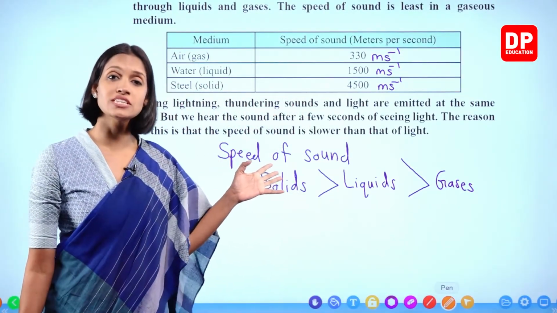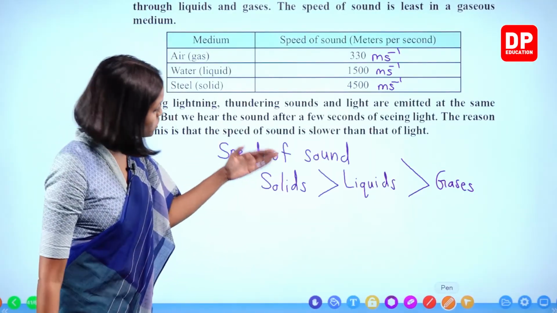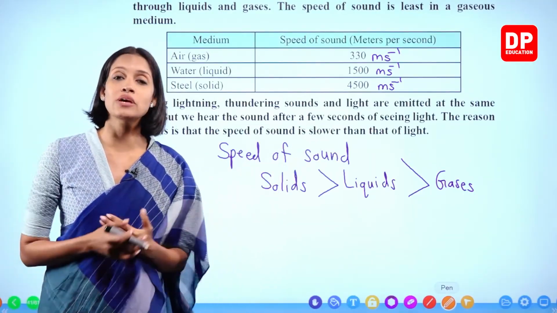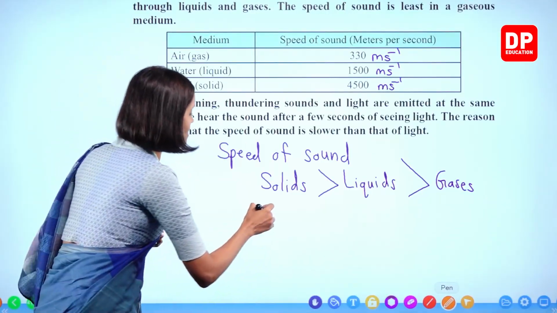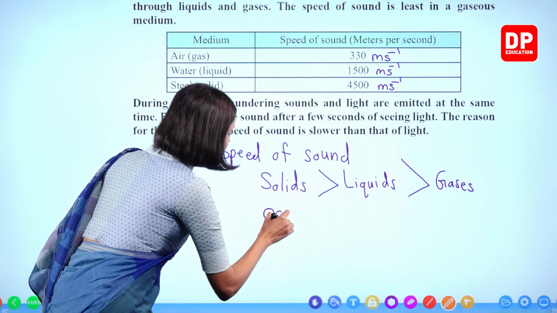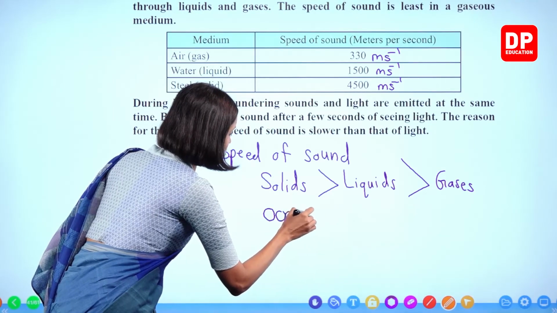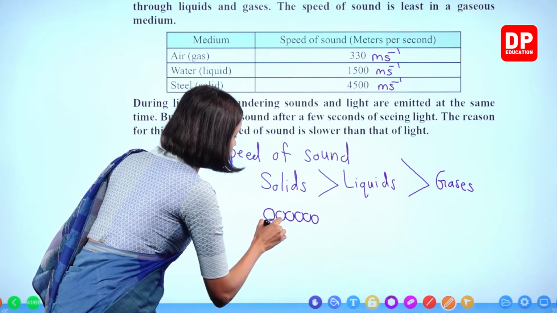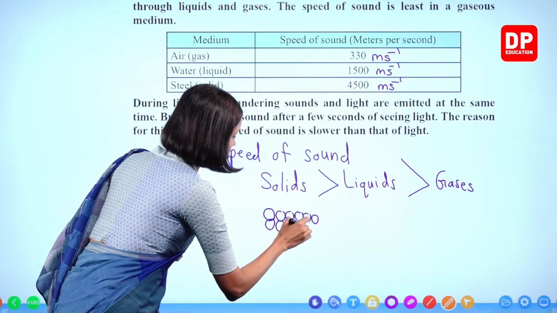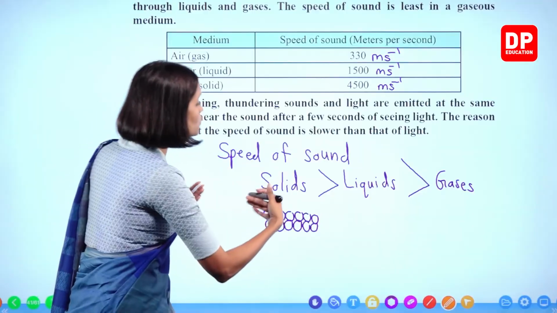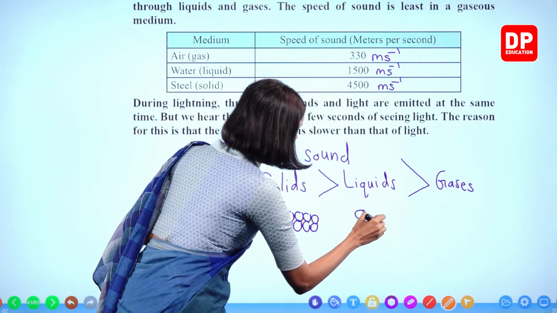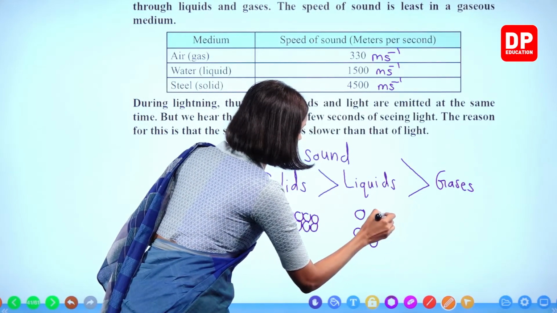All solids, liquids and gases are made up of tiny particles. Right? In solids, these particles are tightly packed with each other. They are very close to each other. In liquids, these particles are loosely packed. They are not that close. There are spaces between them.